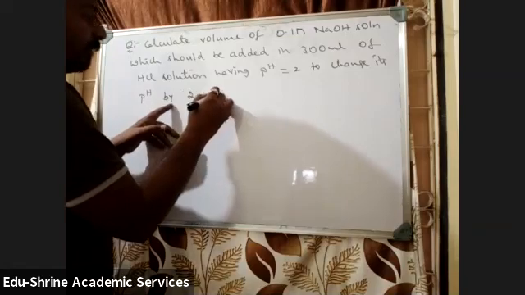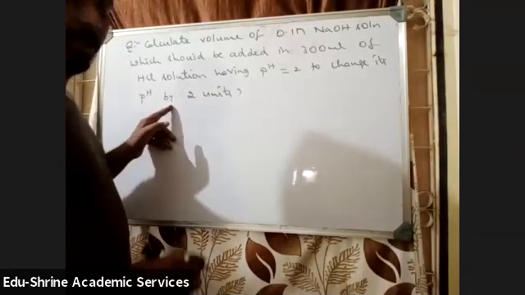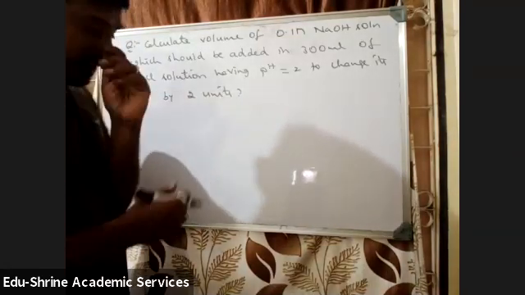So be careful with 'by' and '2' here. So pH must be changed by 2 units.